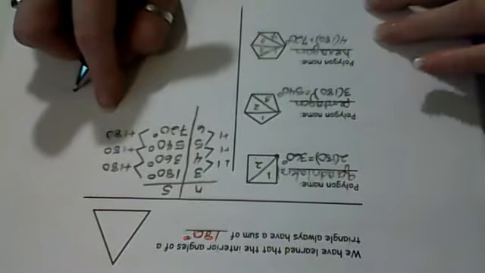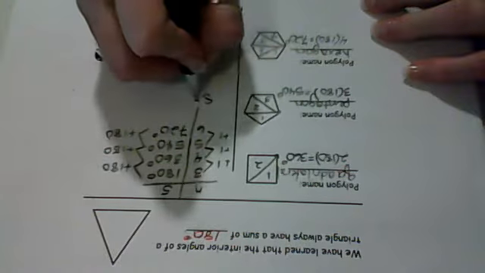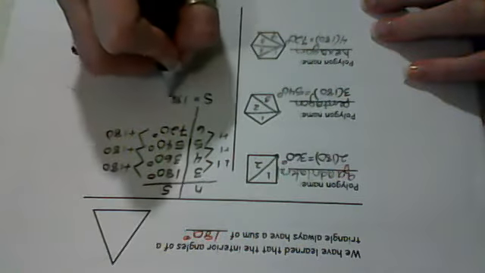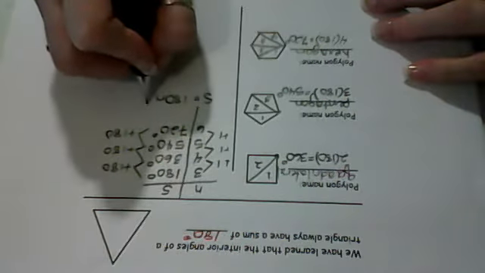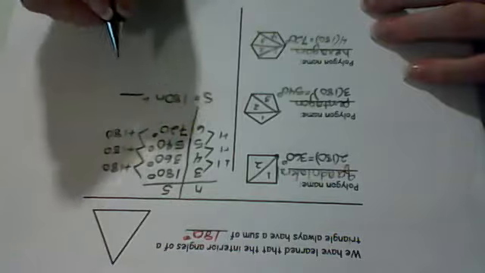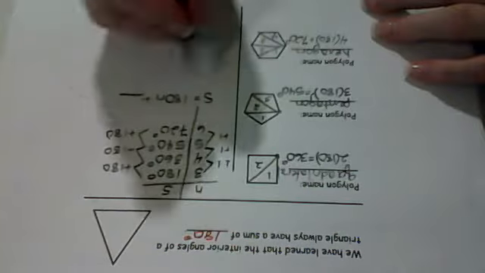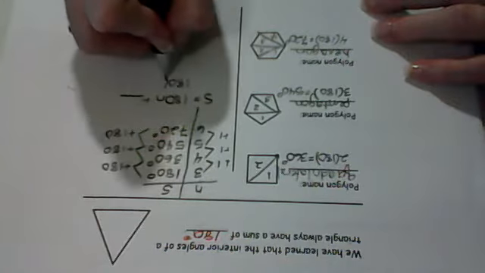So I can go ahead and set that up. I know that the sum of the angles equals 180 times the number of sides plus some number. But I need to know what that number is. So what I'm going to do is plug in one of these points I already know and solve for it. So I know that if I have 4 sides, then it equals 360 degrees.